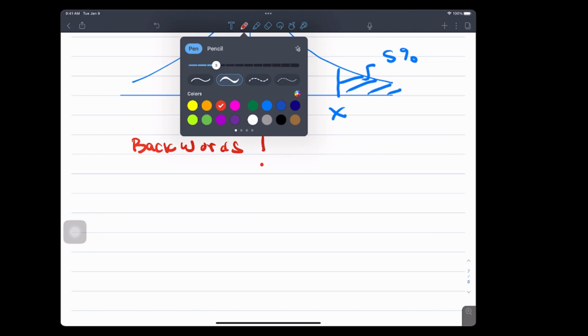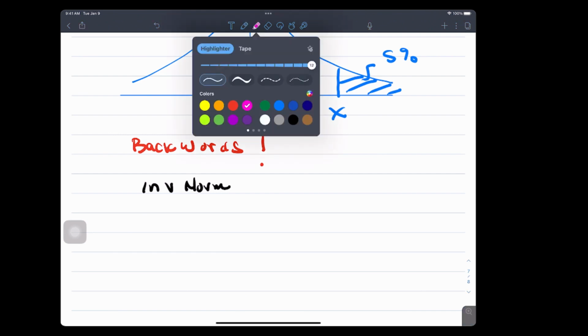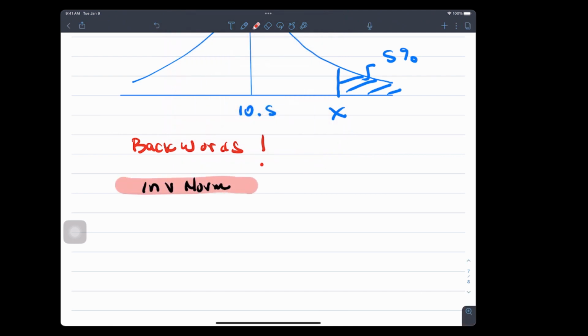You want to know what that means? In the calculator it's INV norm. Because backwards is like working in inverse or reverse. Okay, so you associate that here.